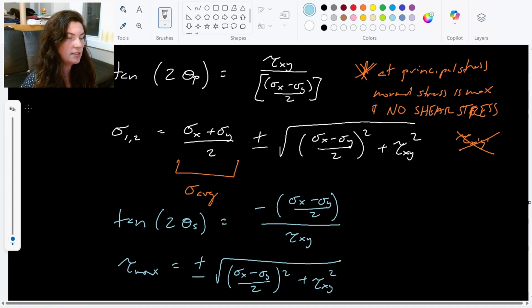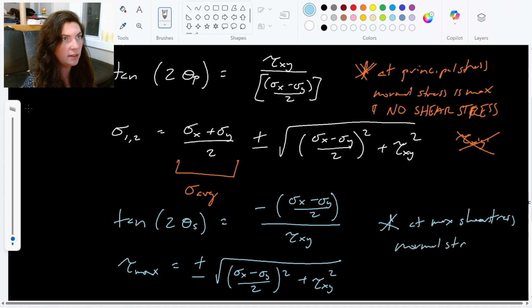So sigma average is not included, but at this max shear stress, the normal stress will be the average. Normal stress is average normal stress.